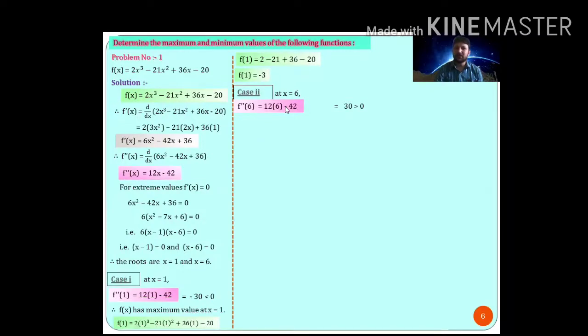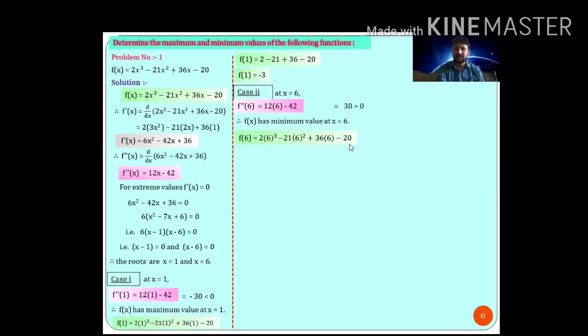A positive value greater than 0 means the function has a minimum at x = 6. To determine its minimum value, substitute x = 6 in the given function: f(6) = 2 times 6³ − 21 times 6² + 36 times 6 − 20.